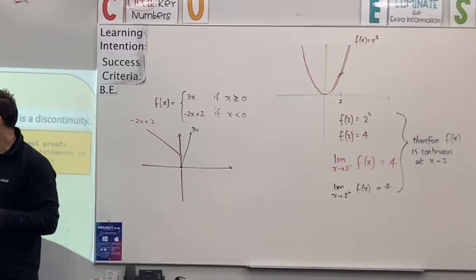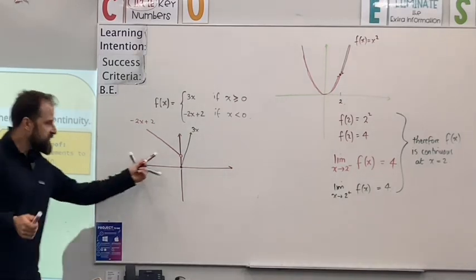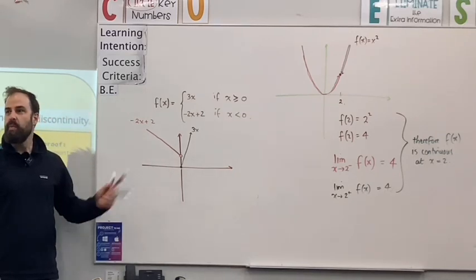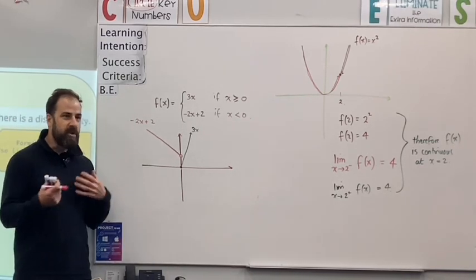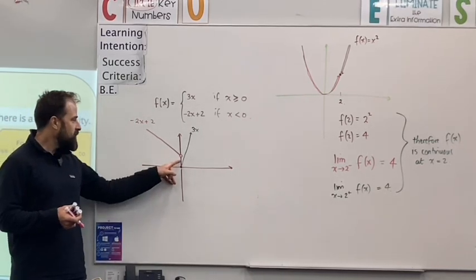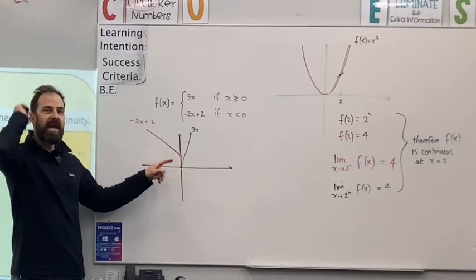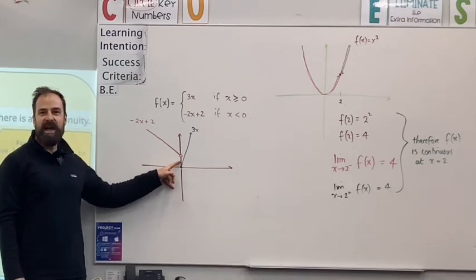Speaking of continuity, I need to understand, is this a continuous graph? No. Where's it not continuous? Be more specific. In the middle. How else could we describe where it's not continuous? Say it out loud, Kane. How else could I explain where it's not continuous?